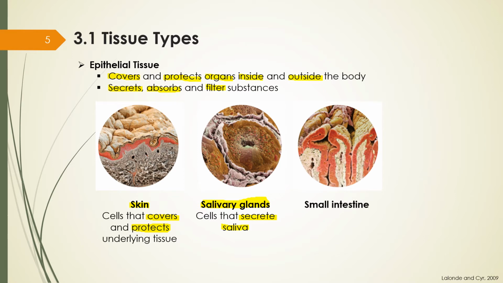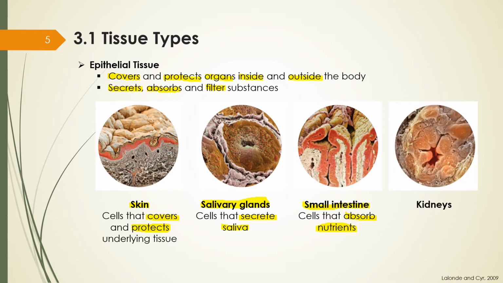Another example, in the small intestine, you also have a lot of epithelial tissue. What's the function? The function is to absorb nutrients. So inside your intestine, you have epithelial tissue that absorbs nutrients from the food that you eat, okay?